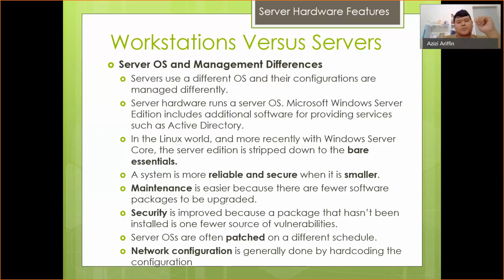So the code base must be smaller, the security must be top notch, and the OS must be patched with up to date security patches, right? And for network configuration, usually we don't use DHCP. Each server will use static, so we use hard coded configuration.